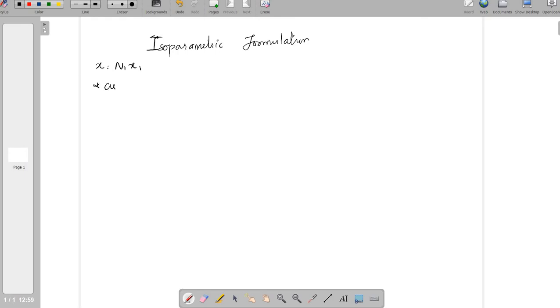First one, it is used to represent the curved boundaries, in which the geometric irregular boundaries are considered, and also the elements of high stress gradient can also be mapped with parent as well as child element.